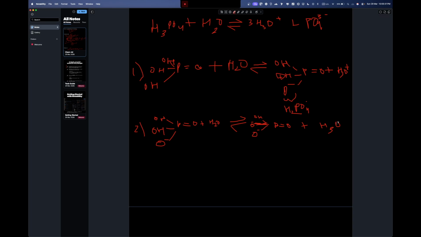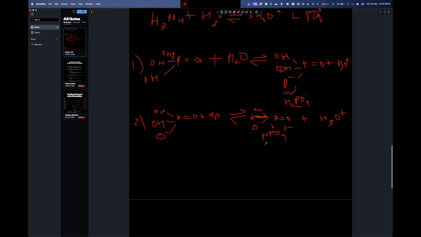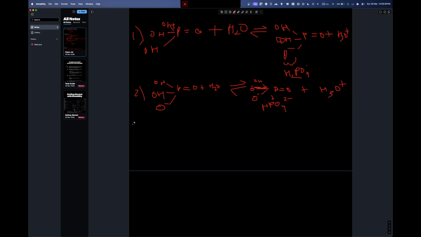H3O plus, right? And this right here is 1, 2, 3, 4 O's again. One H only, HPO4, two negative charges, so HPO4 2 minus. This right here is HPO4 2 minus. And this being the final step, we'll have HPO4 2 minus.